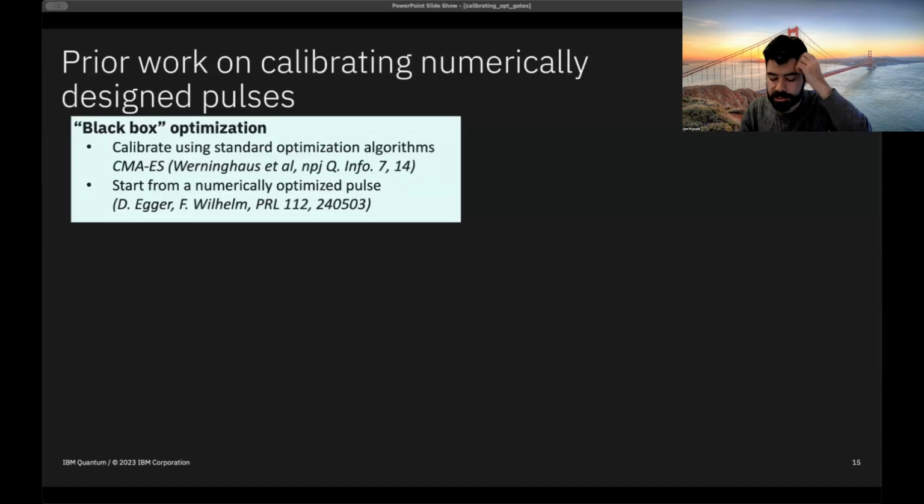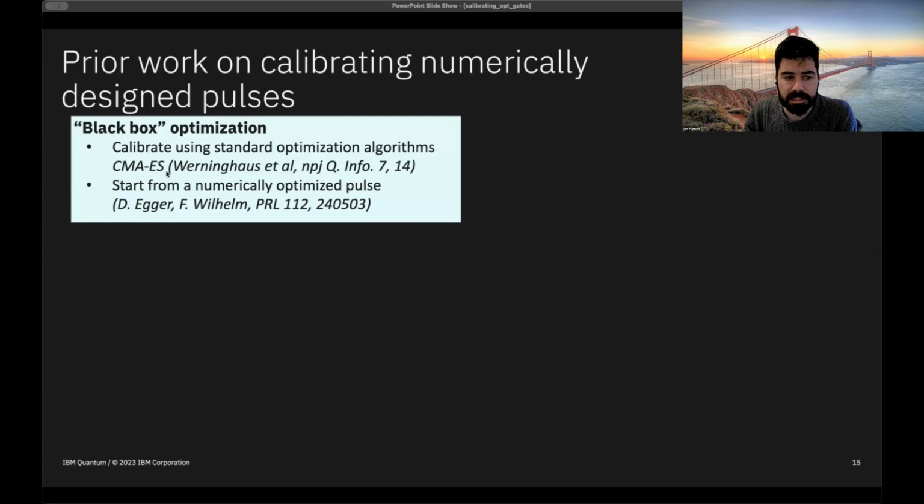And so this slide just collects some prior work that I've broken up into various categories. So one is what I'll call black box optimization, and all I mean here is you just take a standard optimizer and apply it to the experimental data. There's a couple of papers here that do that.